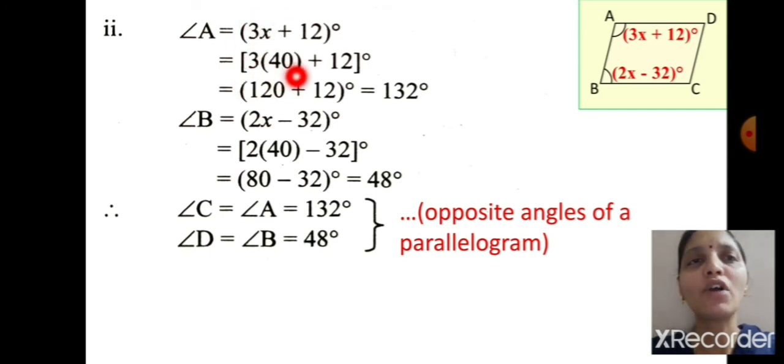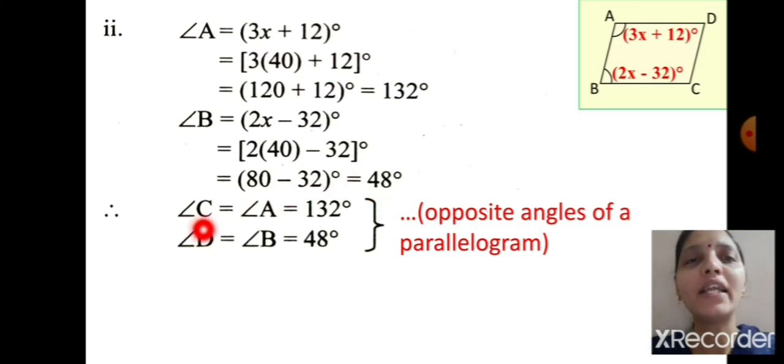So 3 into 40 plus 12 degree, 3 into 40 is 120 plus 12, that is equal to 132 degree. So your angle A is 132 degree. Now let's find out angle B. Angle B is equal to 2x minus 32 degree. So 2 into x is 40 minus 32. So 2 into 40 is 80 minus 32 degree, that is equal to 48 degree.